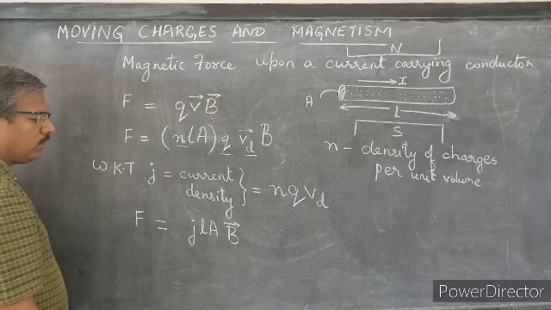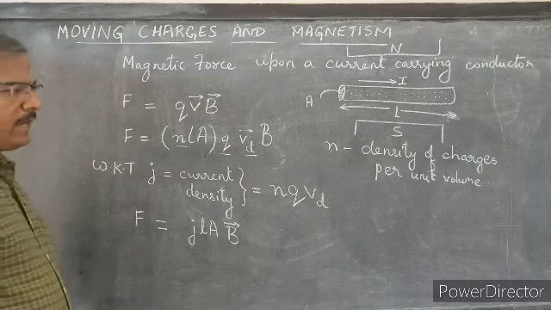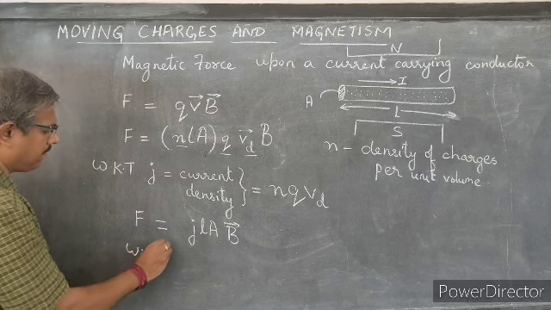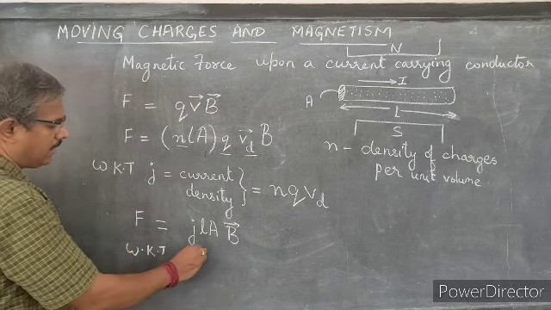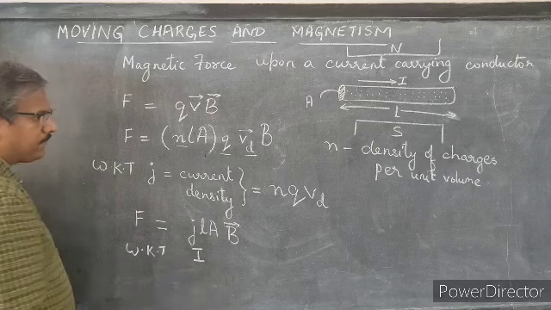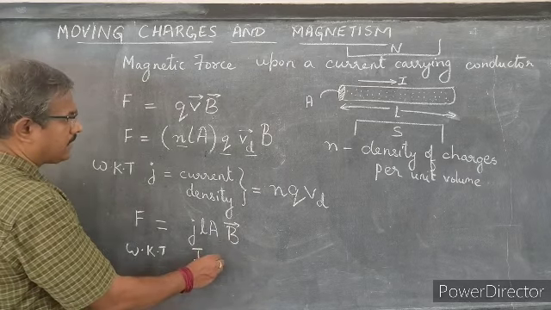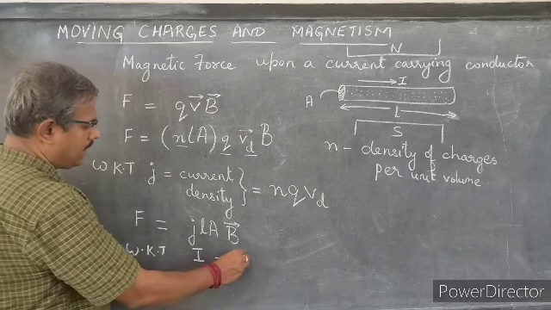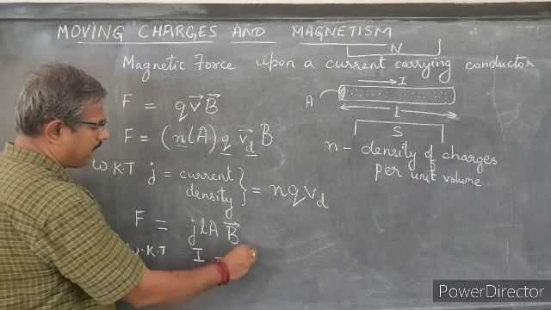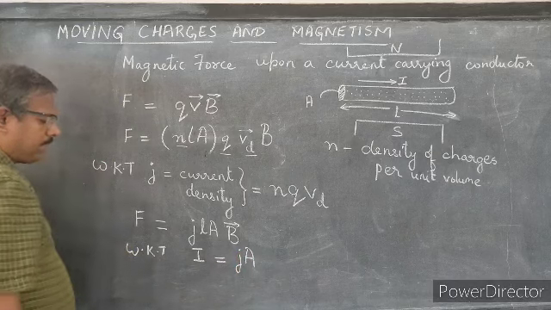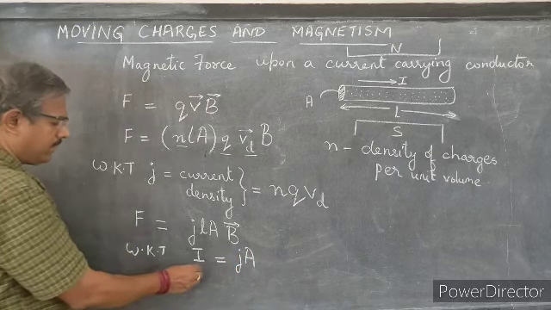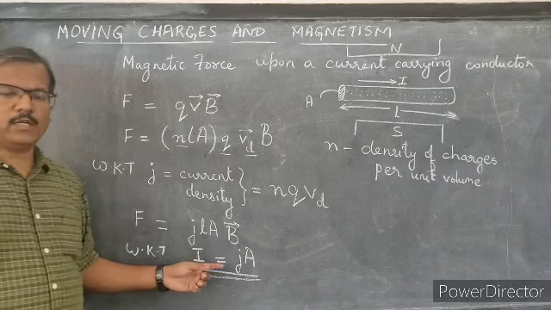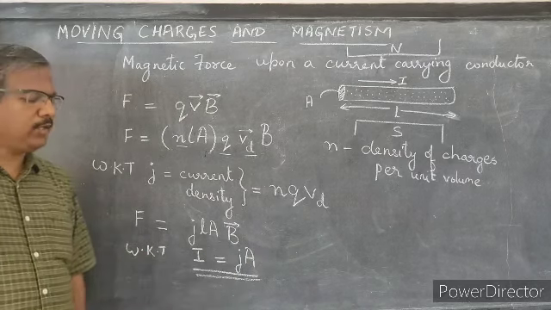Now we also know from our discussions in the previous chapter that current I is given by J into A. Current I is equal to the current density into area.